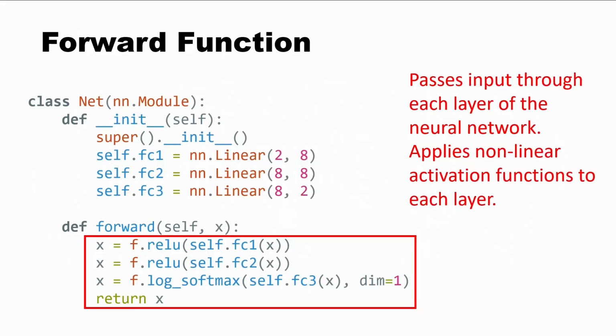You can see in the first 2 layers, we apply the rectified linear unit function, and in the last layer, we apply the LogSoftmax function. You can choose whatever functions you like for your neural networks. You just have to choose whatever fits your situation. And then, of course, we return x, which will now be our output.